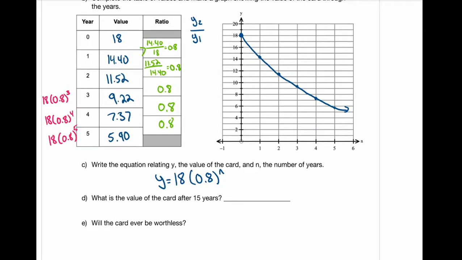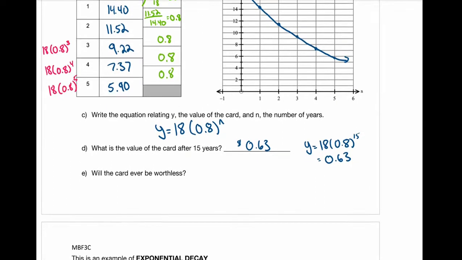So what is the value of the card after 15 years? Well, y equals 18 times 0.8 to the power of 15. And here I should get 0.63. Or basically after 15 years, it's going to be worth 63%.